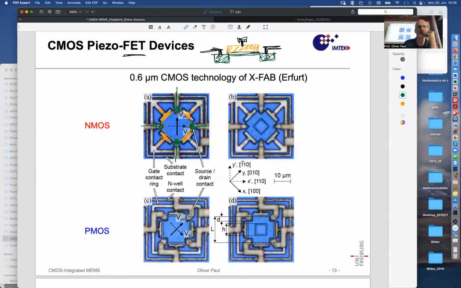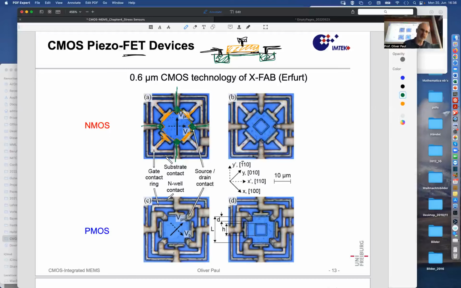And the structure here is designed as an NMOS structure, which means that the inversion layer is N, which means that the substrate, the bulk underneath, the well underneath must be a P well. And then you have the same structure also realized as a PMOS device.